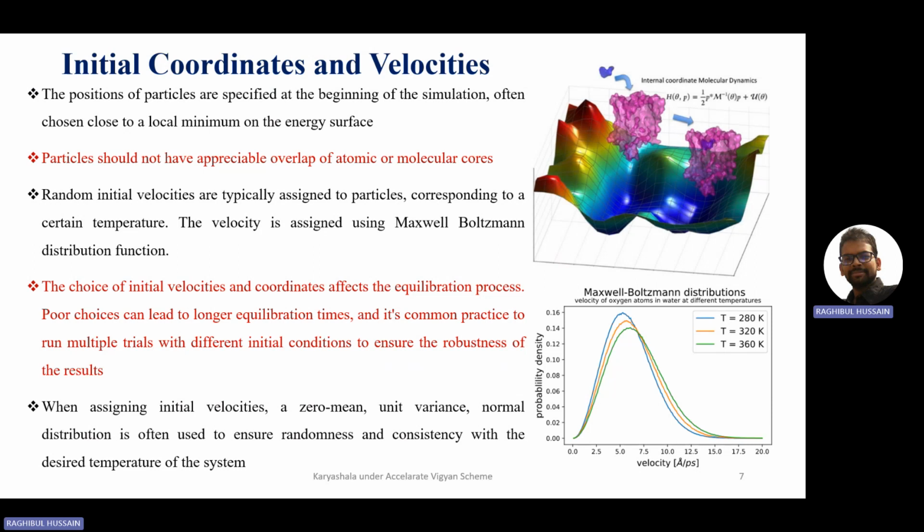The choice of initial velocities and coordinates affects the equilibration process. Poor choices can lead to longer equilibration time, and it's a common practice to run multiple trials with different initial conditions to ensure the robustness of the result.